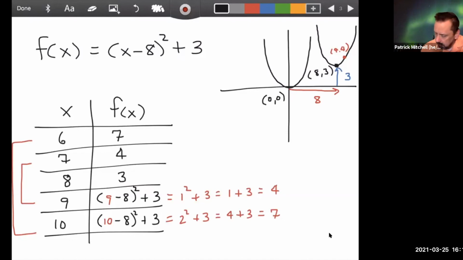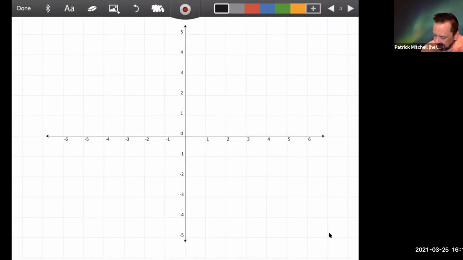All right, so now going over here, and once again, I'm going to have to change my scale. Let's make each one of these worth 2. All right, so we know the vertex is at (8, 3). Actually, you know what? I'm also going to make these worth 2, because I remember I have 1 point with a y coordinate of 7. So we need to do it to both this time.